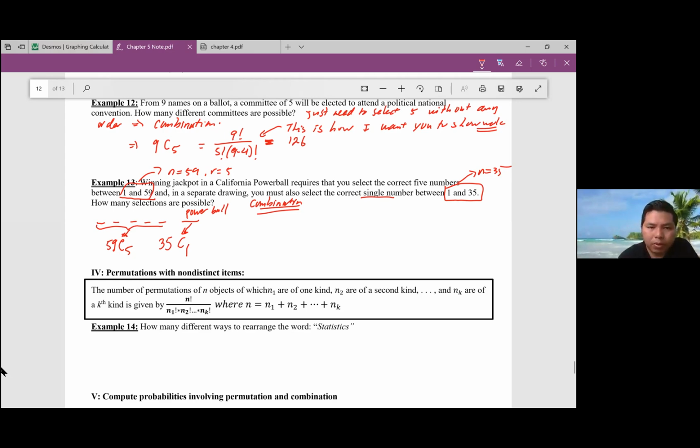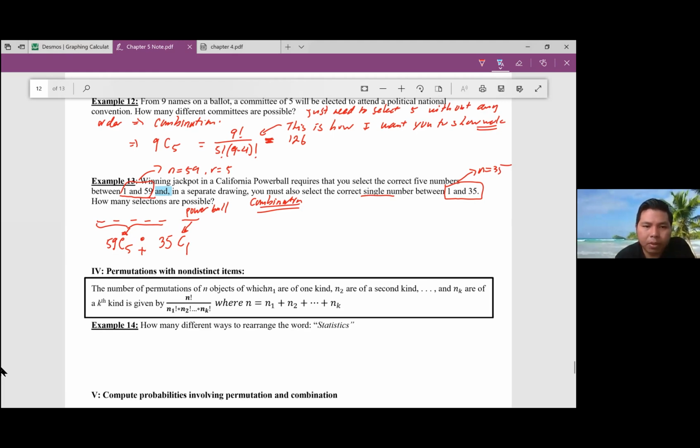Multiply or add, which one? Multiply, because it says in the separate drawing, you must also select a correct single number. So it has to be multiplied.